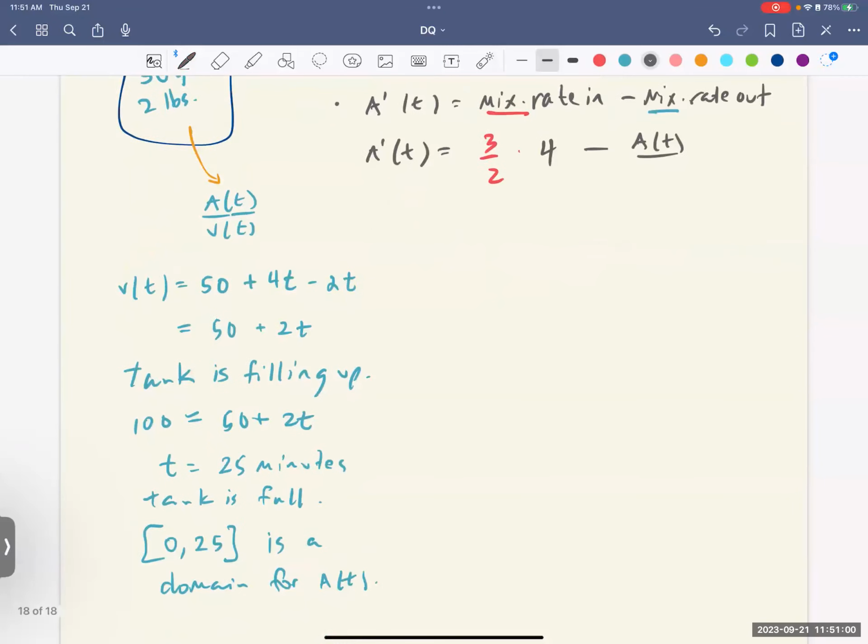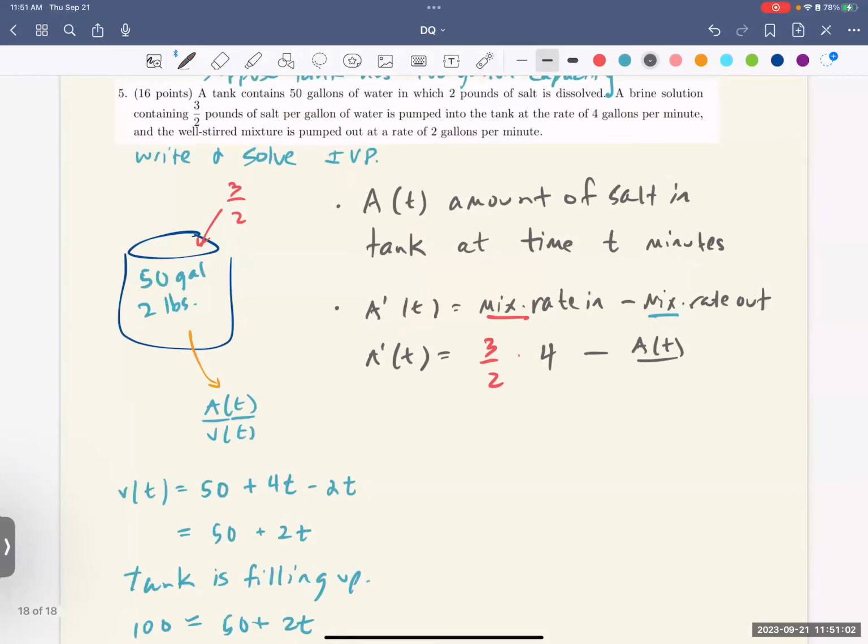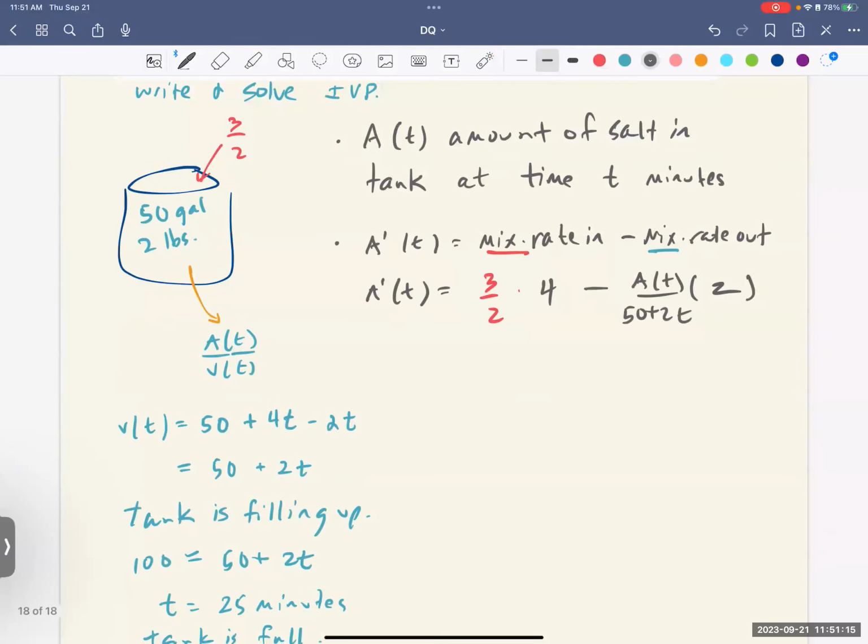Volume was 50 plus 2t, times the rate leaving, which was 2 gallons per minute, so times 2. There is your equation. You could simplify that if you want, but I won't yet. I'll just leave the equation like that.